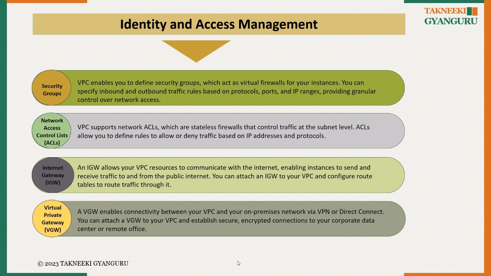This virtual private gateway is basically used to create a hybrid network where you have your on-premise network and your AWS network, the VPC, and you want to connect both of them securely using VPN or Direct Connect.